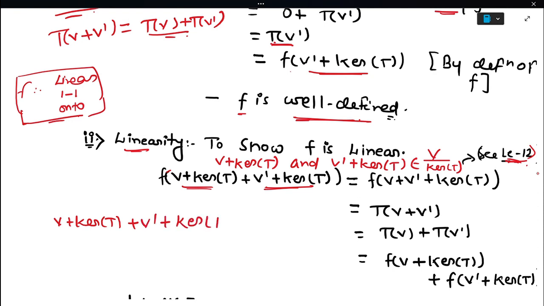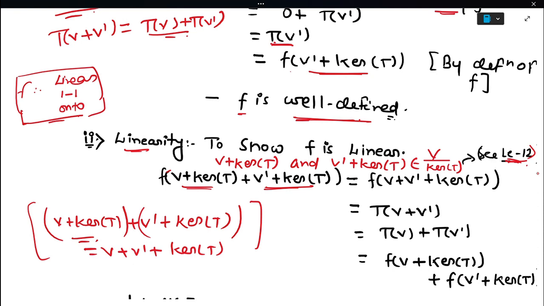So we can write this is equal to v plus v' plus kernel of T, and by definition of f, it is equal to T of v plus v'.